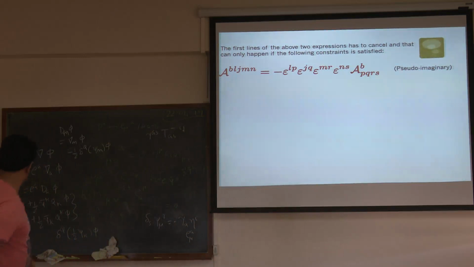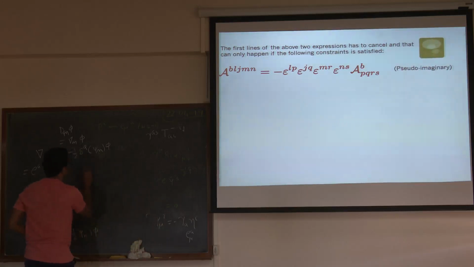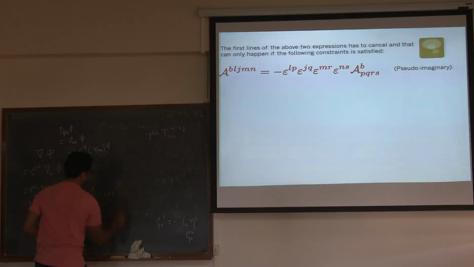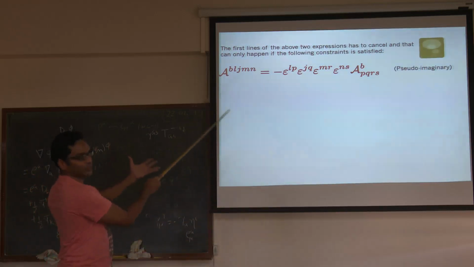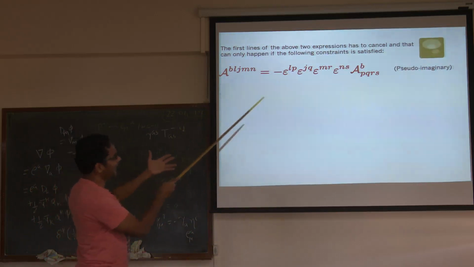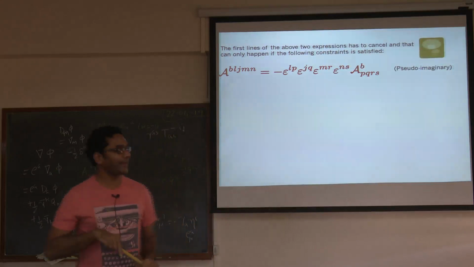Okay. So A B I J K L is nothing but equal to A B I J K L star. If you take the complex conjugate of A B L J M N, that has to be related to A B P Q R S in this fashion, and there is an overall minus sign.